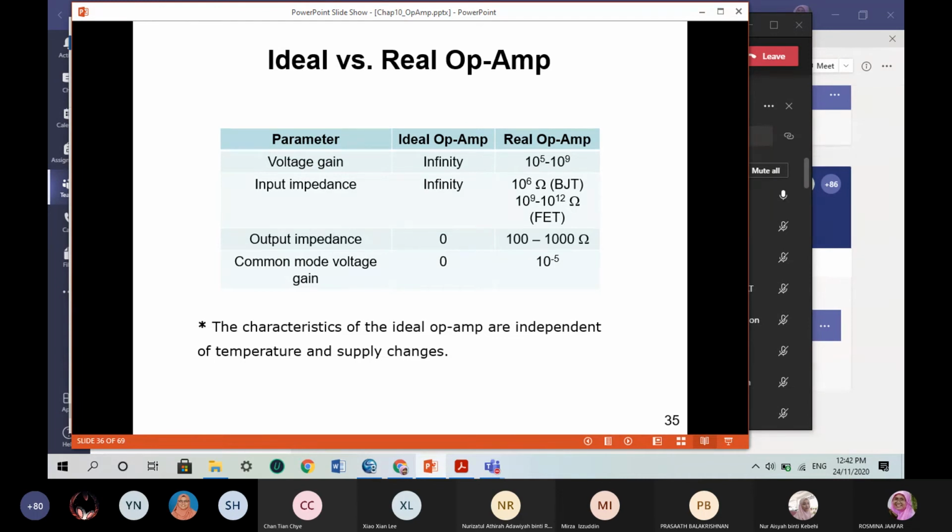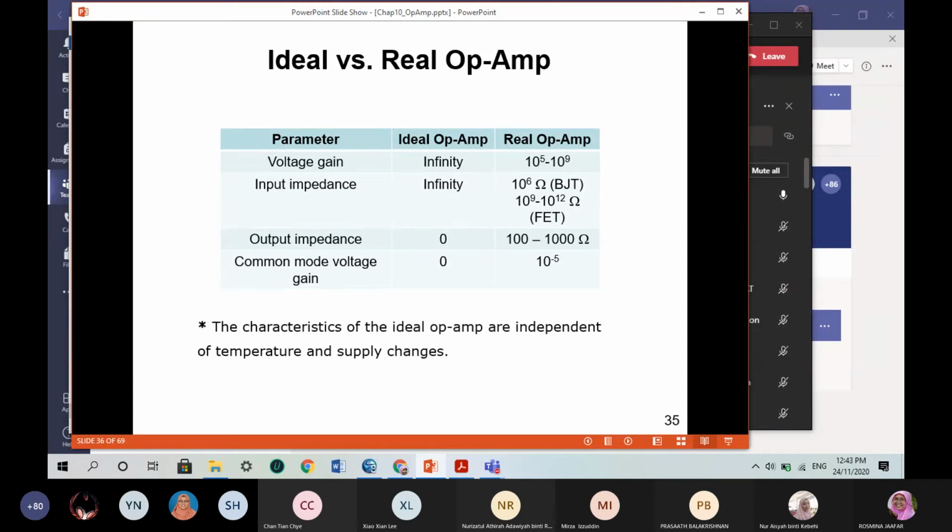theoretical value. So that makes the voltage gain normally in the range of 10 to the power of 5 to 10 to the power of 9, depending on the op-amp itself. For example, the 741 is slightly different from the LM358.